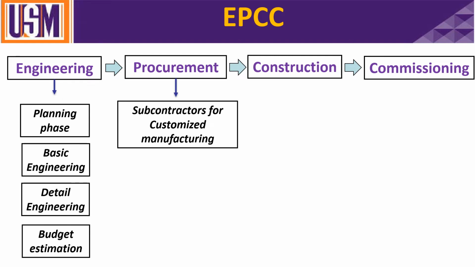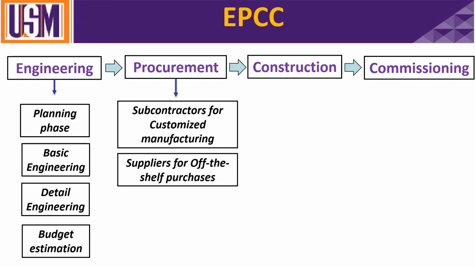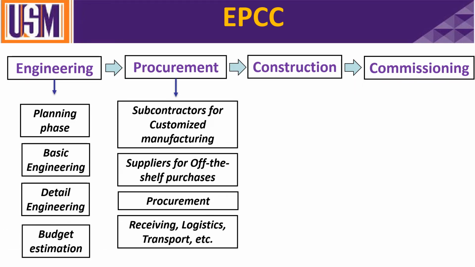So you need to start looking at which parts need a subcontractor and which parts are supplied directly by off-the-shelf purchases. Then you start the purchase itself, the procurement. Then you'll have receiving, logistics, PO, DO, transportation of the goods, and all that.